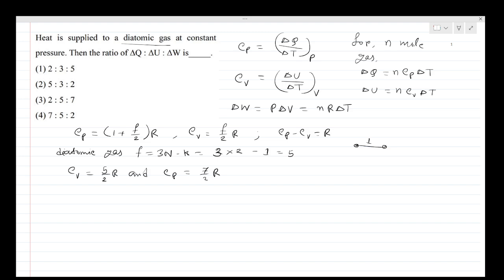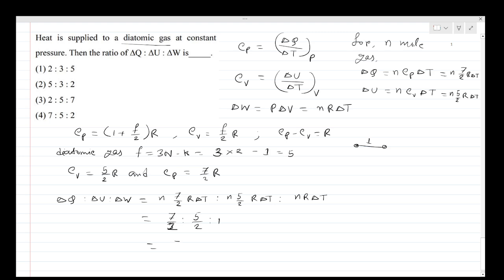So if I write the modified expression of delta Q, it is n Cp delta T, that means n into 7 by 2 R delta T, and n Cv delta T means n into 5 by 2 R delta T. Since nR delta T will cancel out if we take the ratio, we can write delta Q is to delta U is to delta W equals n 7 by 2 R delta T to n 5 by 2 R delta T to nR delta T. If we cancel out the nR delta T part from the three, we have 7 by 2 is to 5 by 2 is to 1.